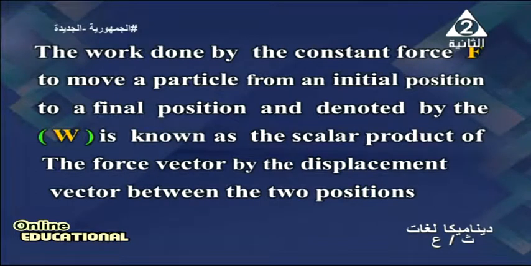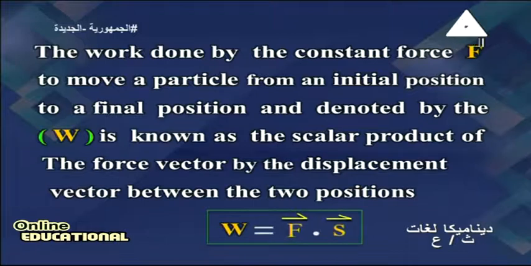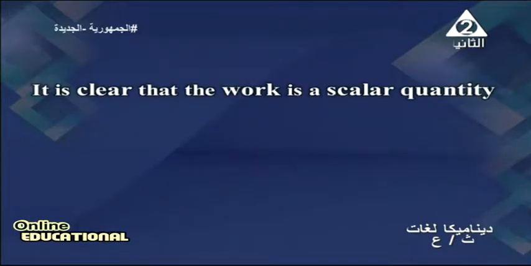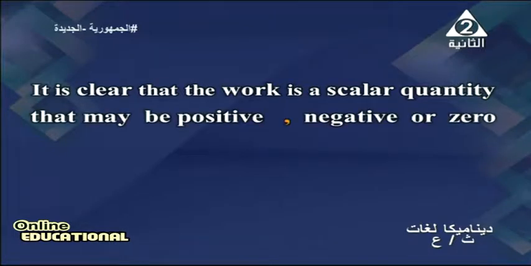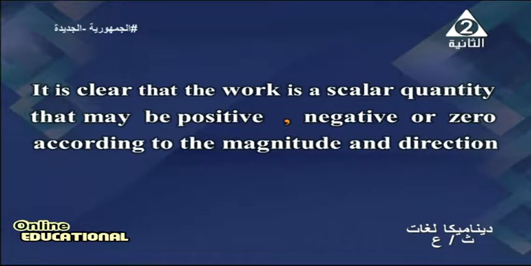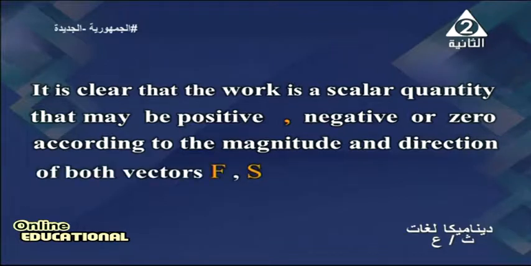Then W, the symbol of the work, equals vector F dot vector S. It's clear that the work is a scalar quantity that may be positive, negative, or equal 0, according to the magnitude and direction of both vectors, vector F and vector S.